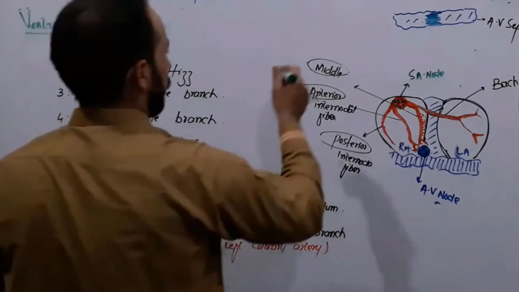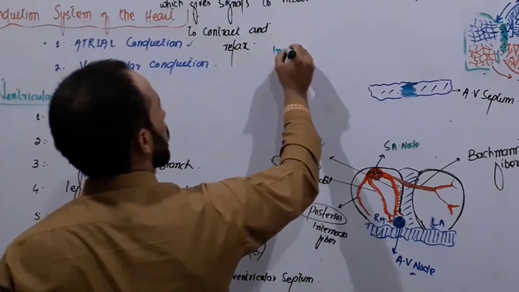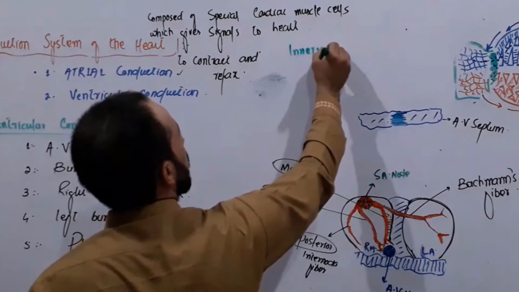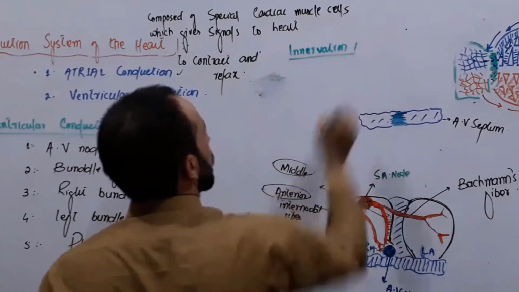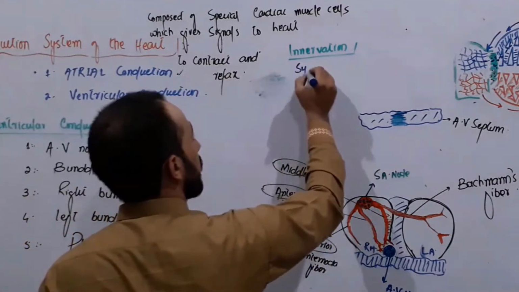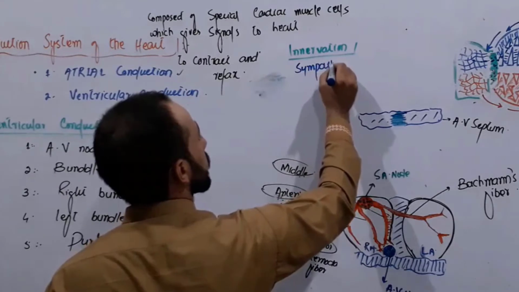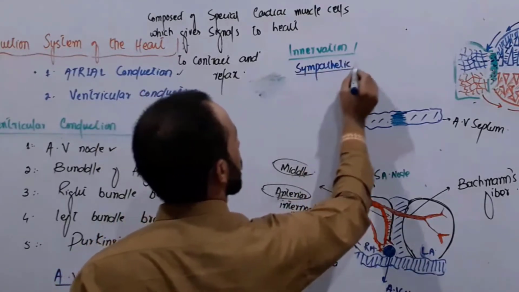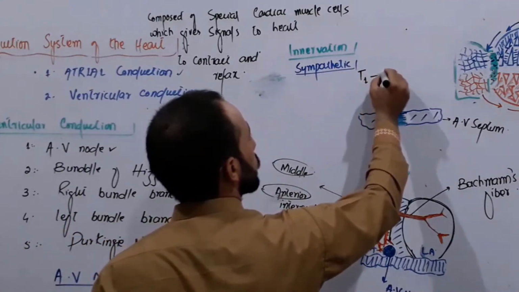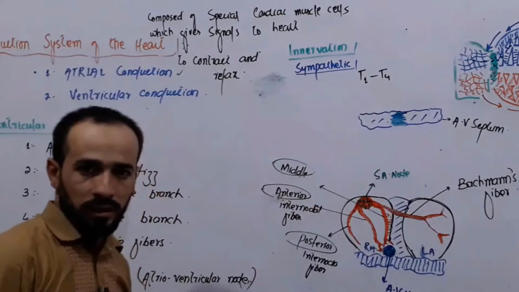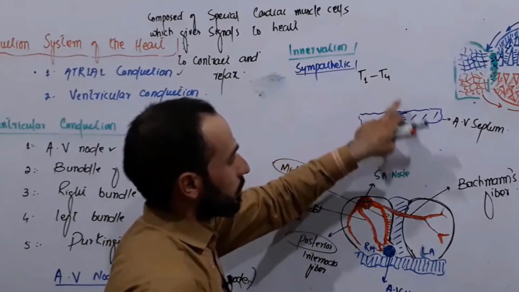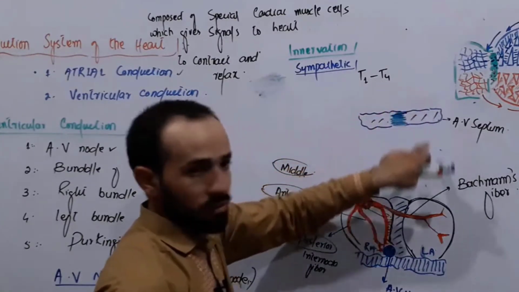What is the innervation of the AV node? Our AV node receives both sympathetic and parasympathetic innervation. Its sympathetic activity is provided from T1 up to T4, from thoracic vertebra number 1 up to thoracic vertebra number 4, as I discussed in the previous video.